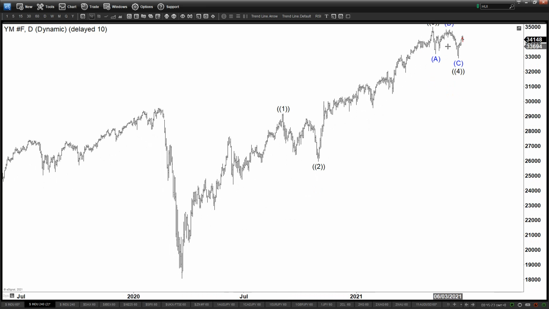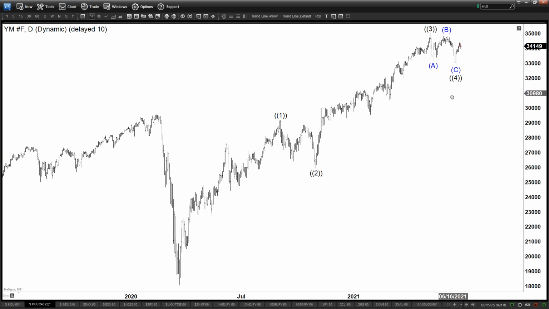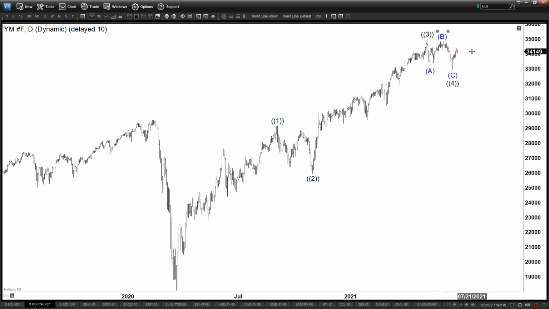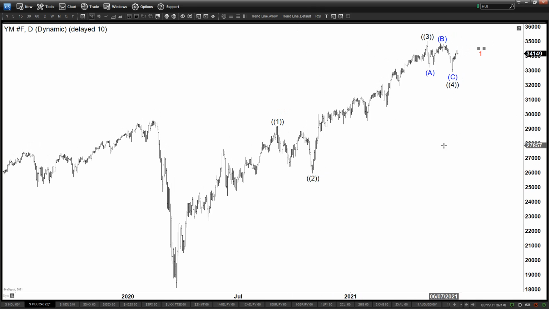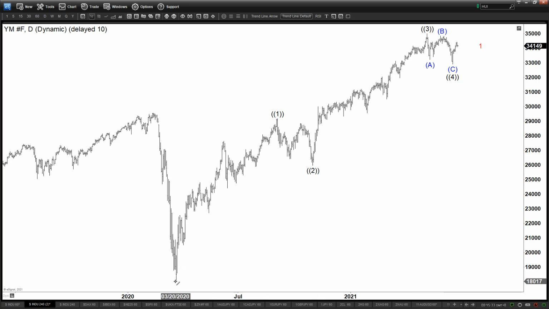Now what will be the alternate? Well, if you draw a trend line here from the March 2020 low, you can see it has already broken below it here. Now that doesn't necessarily mean we cannot make a new high.